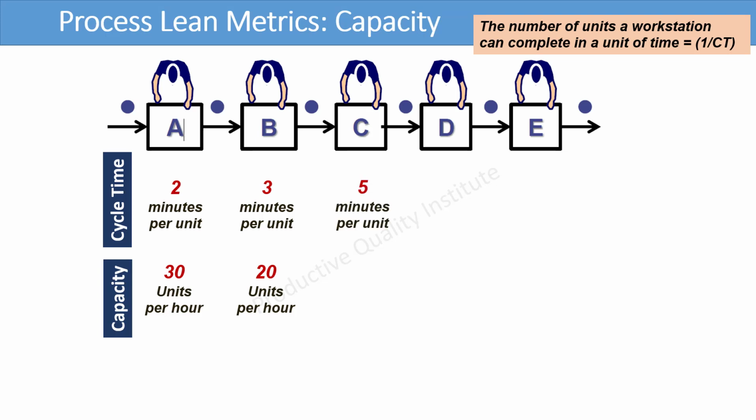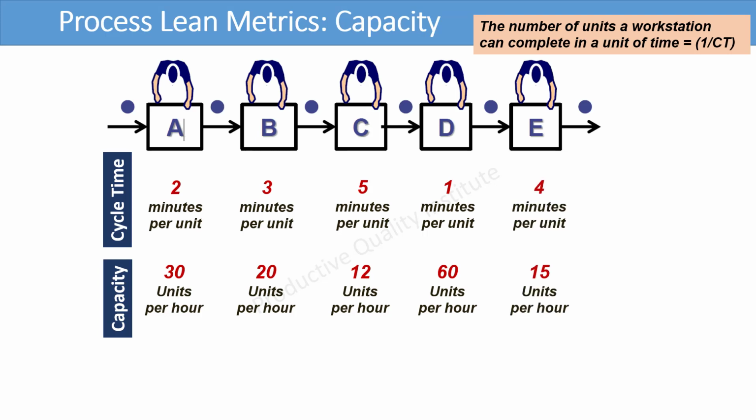For workstation C, 5 minutes per unit leads to 12 units per hour. For workstation D, 1 minute per unit leads to 60 units per hour. For workstation E, 4 minutes per unit leads to 15 units per hour.